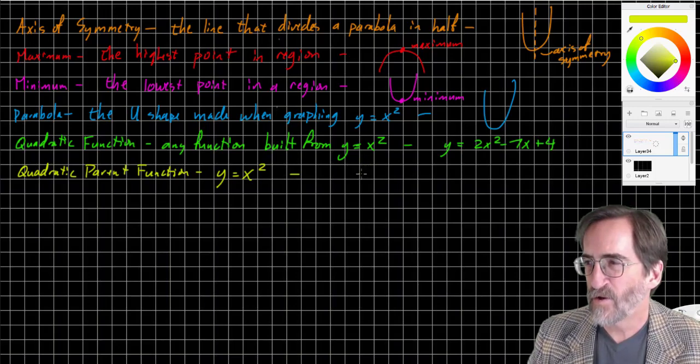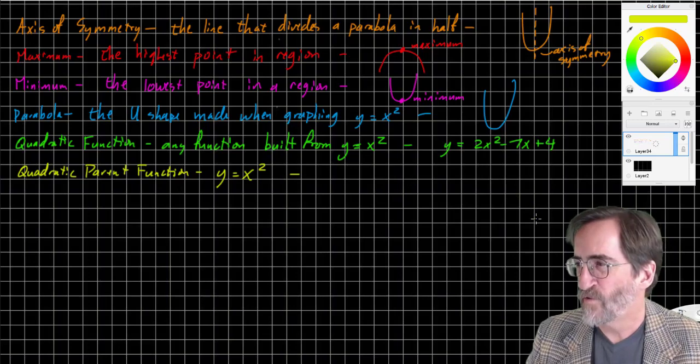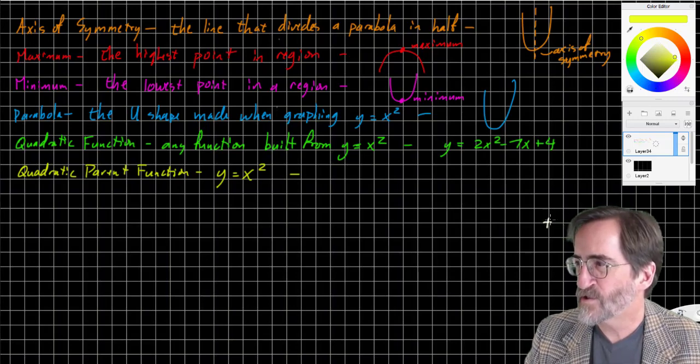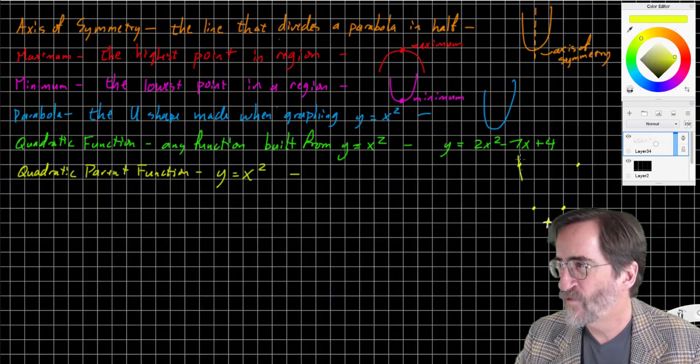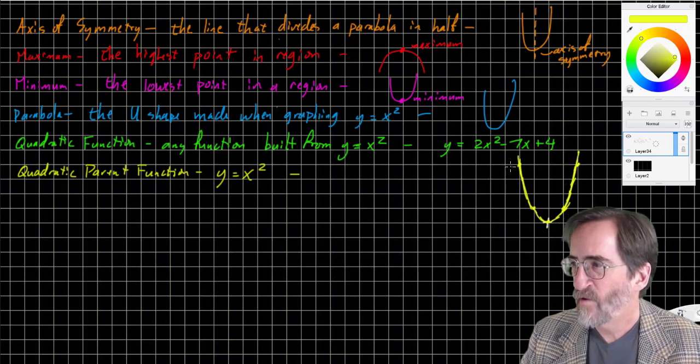As an example, I'll graph it over here. 0 squared is 0, 1 squared is 1, 2 squared is 4. Negative 1 squared is 1, negative 2 squared is 4. y equals x squared.